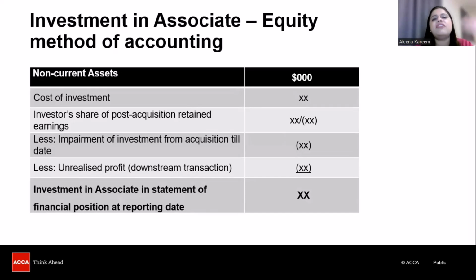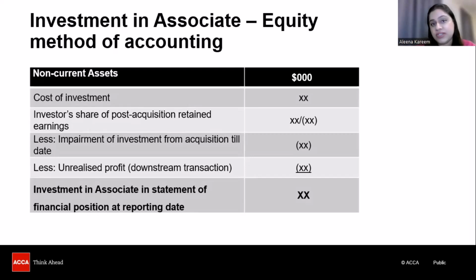When we pay above the regular value of the investment, that is called goodwill, a very simple definition of it. But over here, please see that we are recognizing the investment at cost. So whatever we are paying, be it goodwill, be it simple investment, the fair value of net assets, fair value adjustment, everything is included in this one word, which is cost of investment. So everything is included over there.